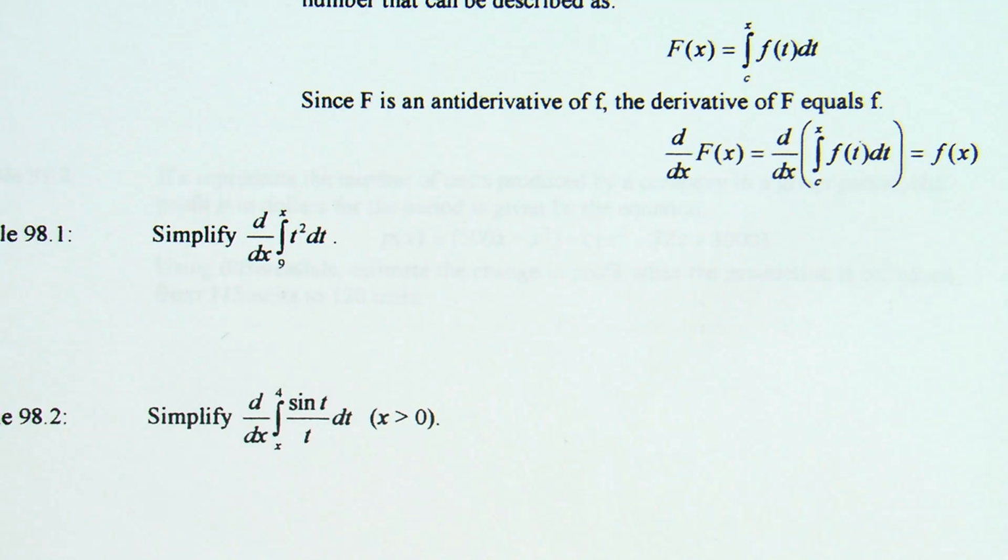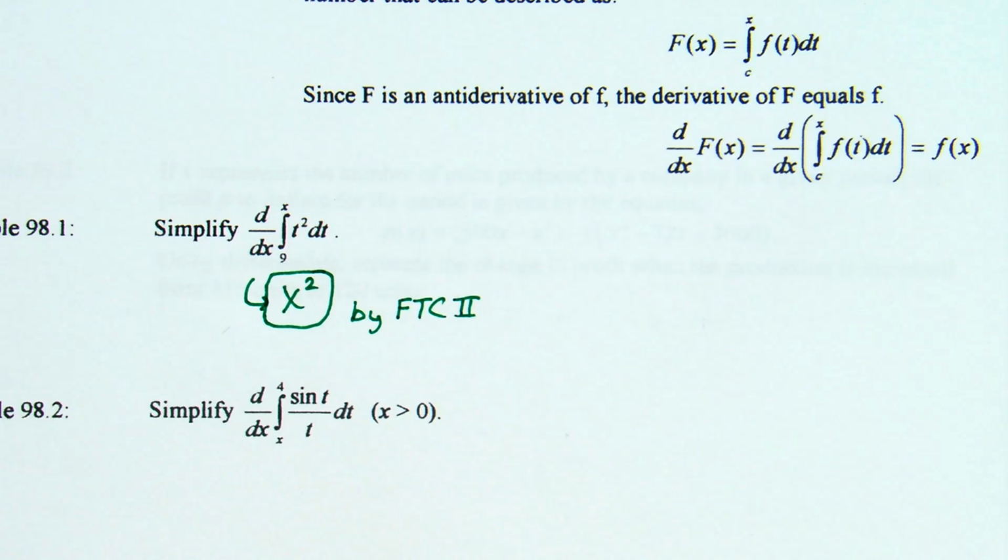Plug in the x, and so 1/3 x cubed minus 1/3 9 cubed. I don't know what 9 cubed is, and then I don't know what 1/3 of it is. 9 times 9 is 81, times another 9, 729, and a third of that is 243.